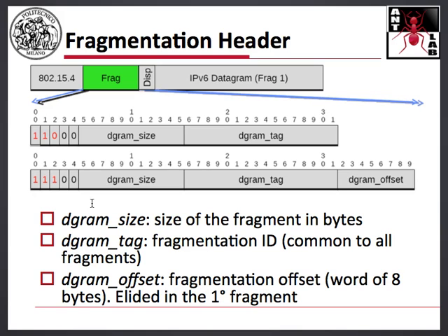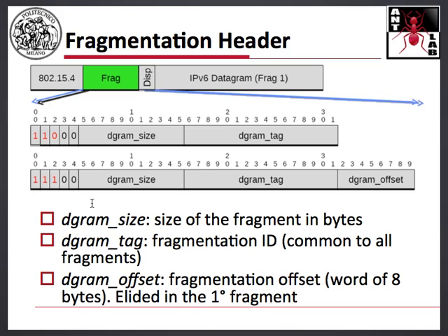So all the fragments of the same packet have the same datagram tag field. And the last piece of information is this datagram offset, which tells where in the original IP packet that specific fragment is positioned.